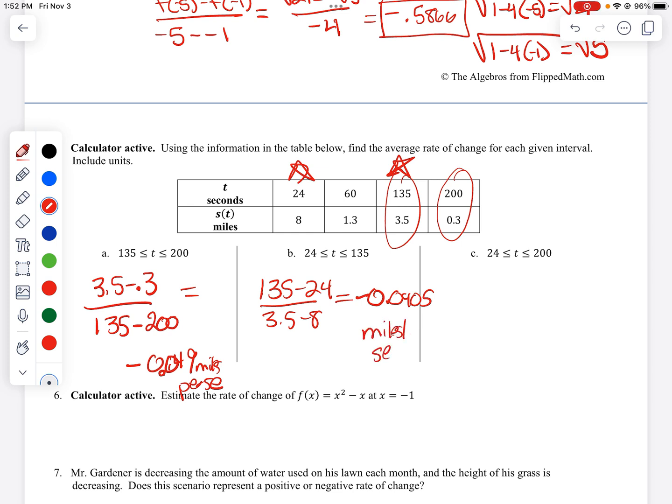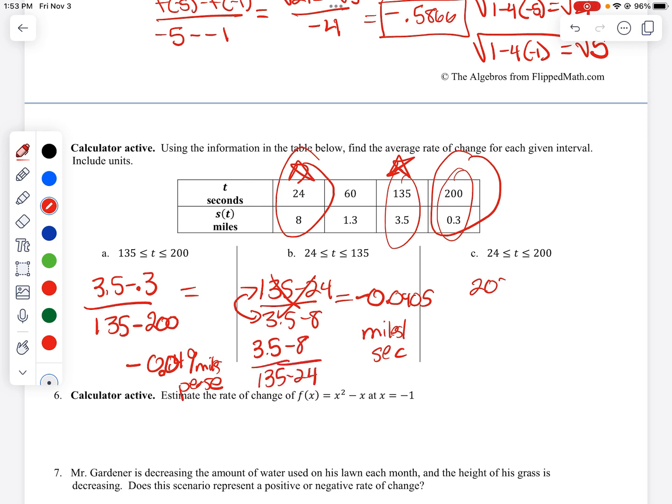miles per second. And the last one, 200 to 24. Oh, the second one I did wrong. I'm sorry here, the y's on top. So 3.5 minus 8 over 135 minus 24.